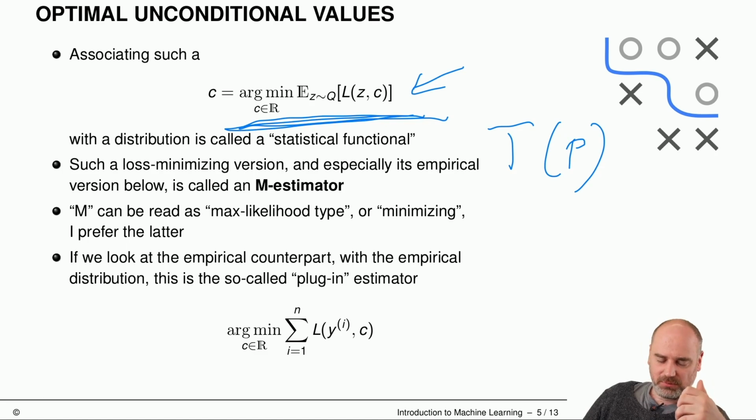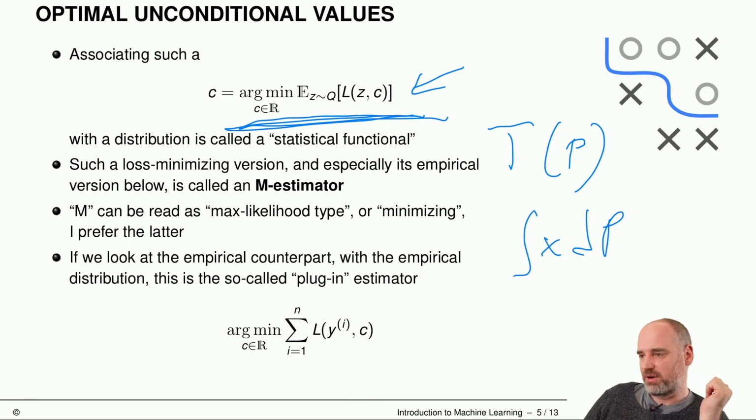The median, for example, is the best constant approximation of our given distribution under L1 loss, under a distance measured by the absolute value. The expectation, you can easily write down the formula for that, right? It's just something like this here. You can also phrase this as a minimization problem. It is the value that is closest to our distribution under L2 loss.